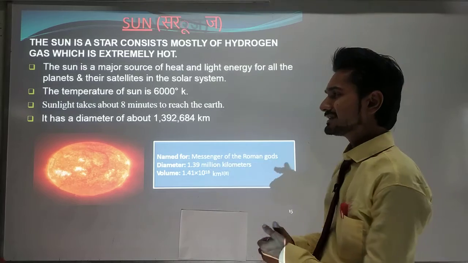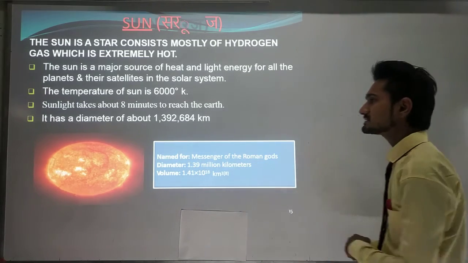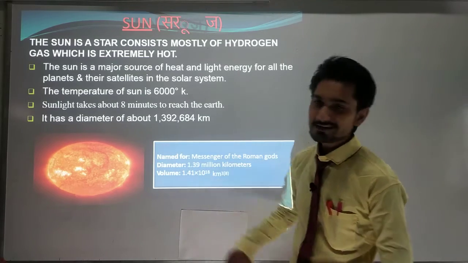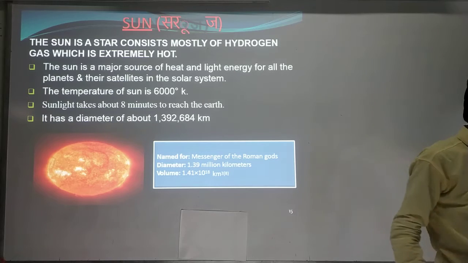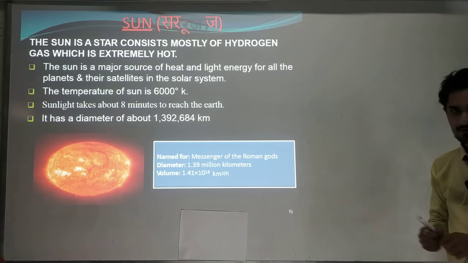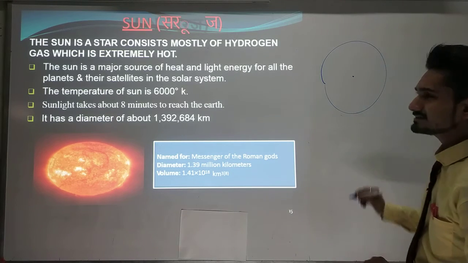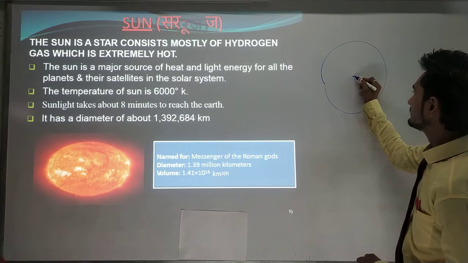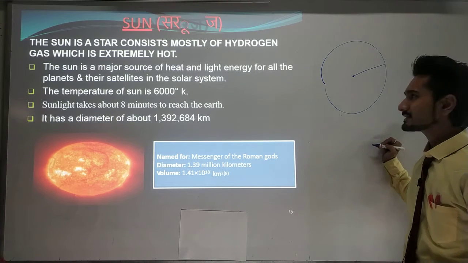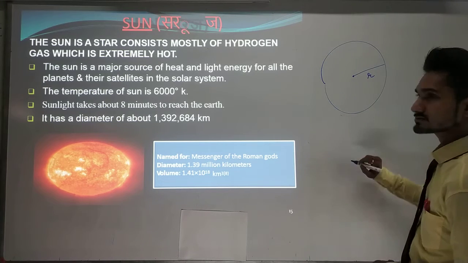Next point is that it has a diameter of about 13,92,684. What does diameter mean? If you can visualize a circle, a circle has a center point, and if I measure the distance from the center point to another point on the circle, that gives us the radius.